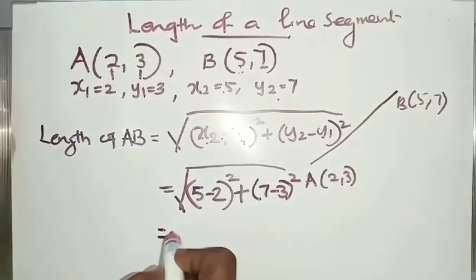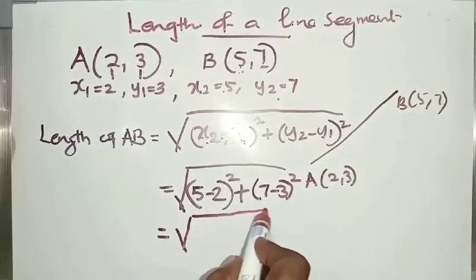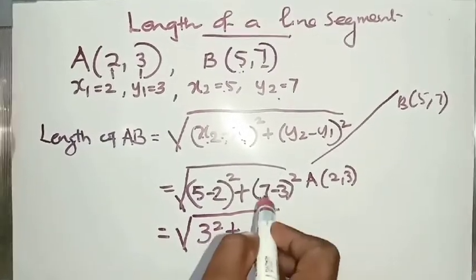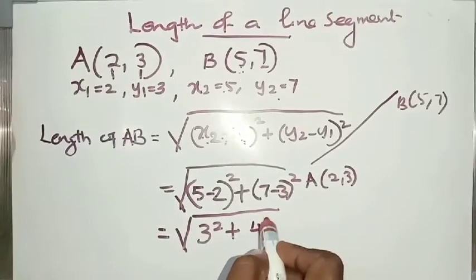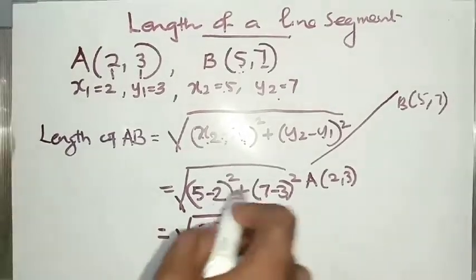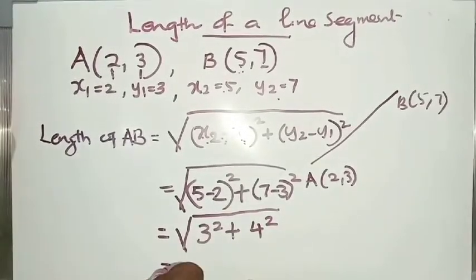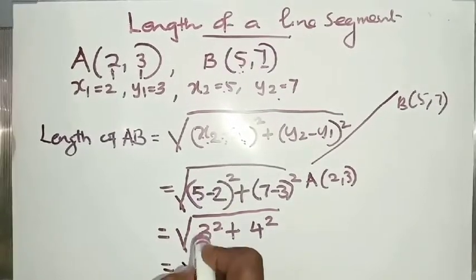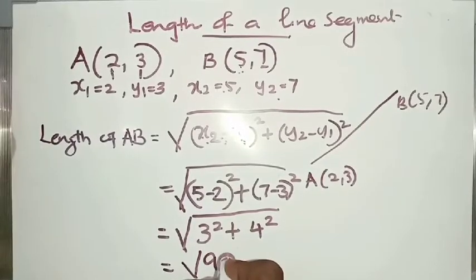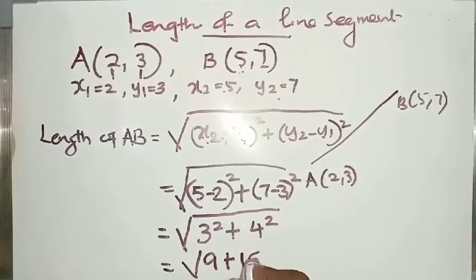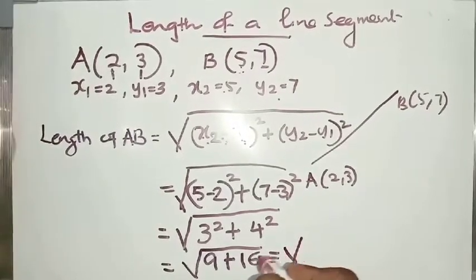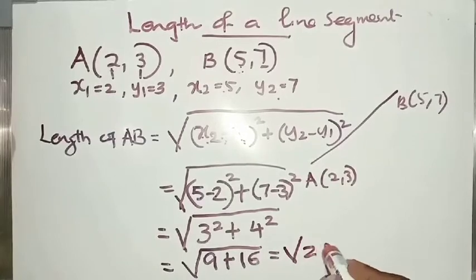So we get square root of 5 minus 2 is 3 squared plus 7 minus 3 is 4 squared, which is square root of 9 plus 16, that is square root of 25.